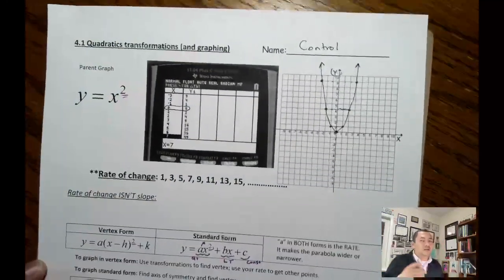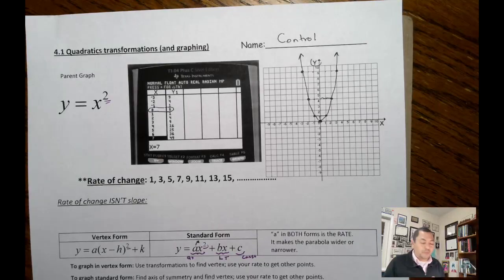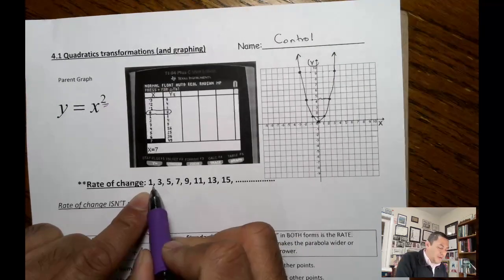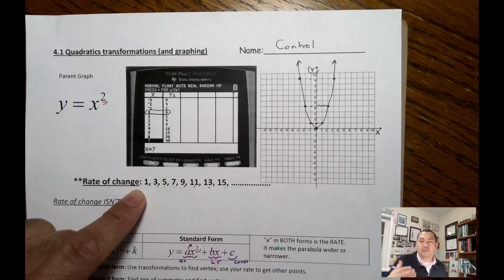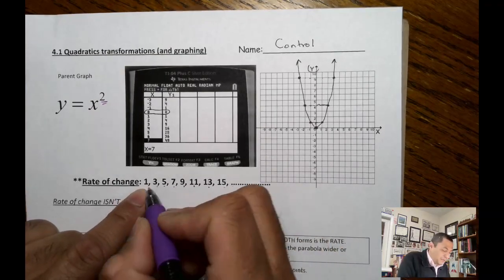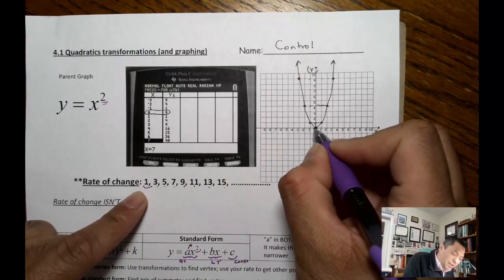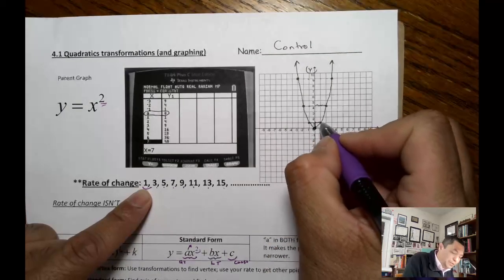So something that is going to help us ease the graphing of a parabola is the rate of change. This is a rate of change that we use sometimes to graph a parabola. For example, I have 1, 3, 5, 7, 9, 11, 13, and 15. You're going to learn to use it if you want. I'm going to start at 0, 0. The 1 means you go 1 unit up and 1 unit to the right.